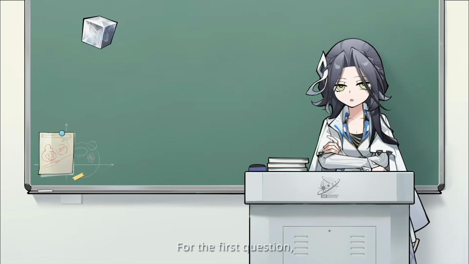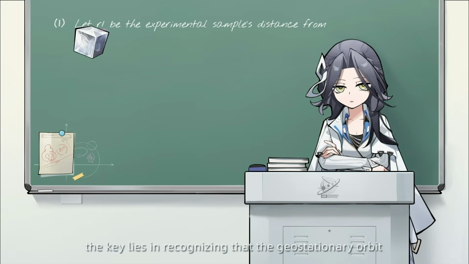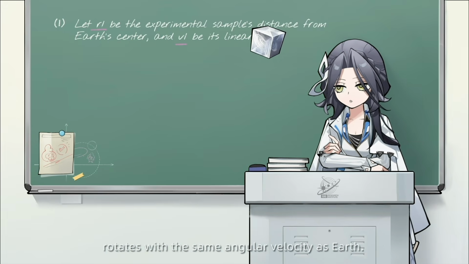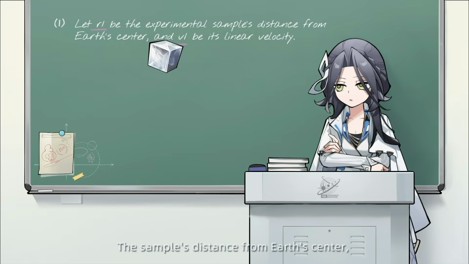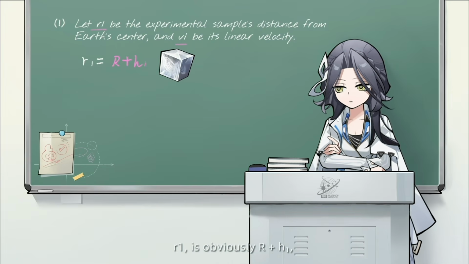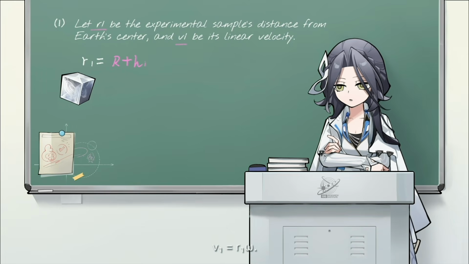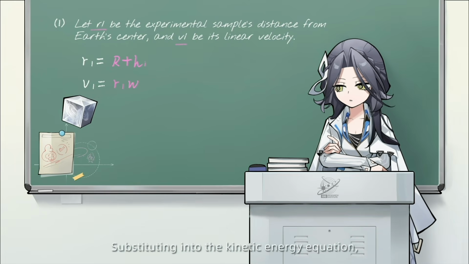For the first question, the key lies in recognizing that the geostationary orbit rotates with the same angular velocity as Earth. The sample's distance from Earth's center, r1, is obviously capital R plus h1, giving a linear velocity of v1 equals r1 omega.